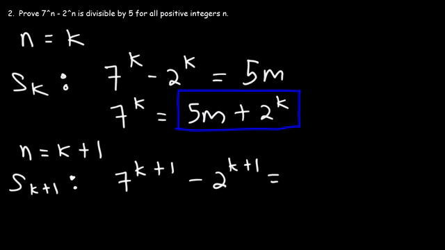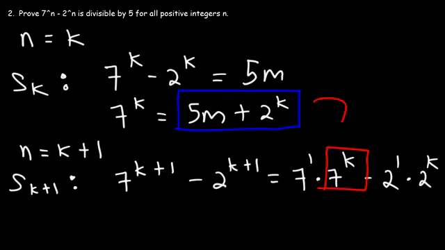So at this point I'm going to break each of these numbers into two parts. 7 raised to the k plus 1 is 7 to the first power times 7 raised to the k, just as we did before in the last example. And 2 raised to the k plus 1, we can write as 2 to the first power times 2 raised to the k.